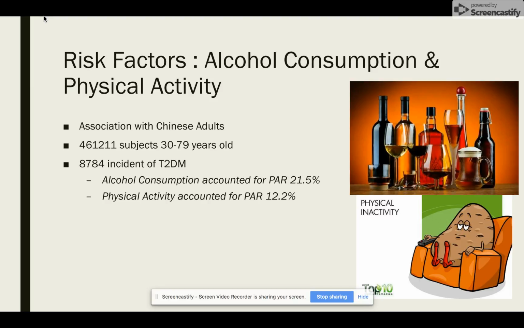Of those people, alcohol consumption accounted for a PAR rate of 21.5%, and physical inactivity accounted for a PAR rate of 12.2%. So you're really seeing a large association with alcohol consumption and physical inactivity, not as much as weight per se if you compare the two studies, but a large enough amount that you can definitely see the relationship between alcohol consumption and physical activity on diabetes.